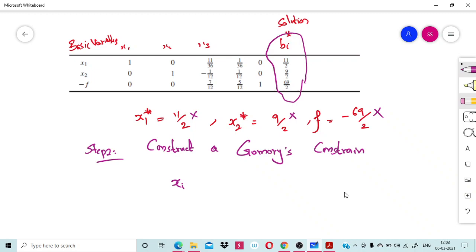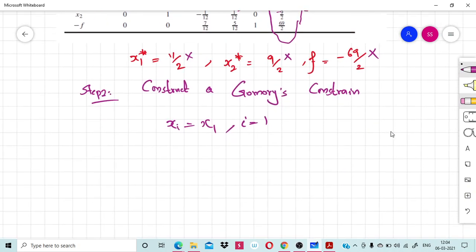You need not look at the minus f row, only our basic variables. So check the x1, x2 rows only, and the maximum fractional value corresponds to 11 by 2. So x_i equals x1, and i equals 1.